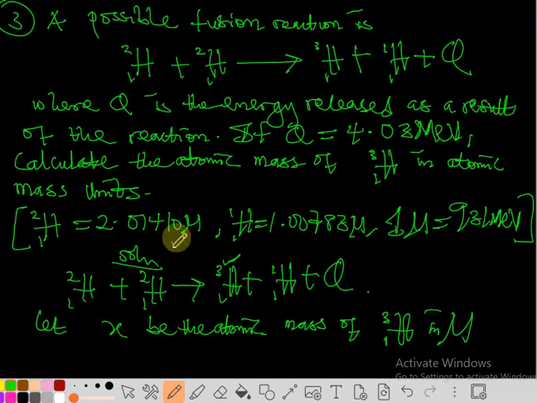So all we need to do is convert the energy released, Q, which is 4.03 mega electron volts, into unified atomic mass unit. And how do we do that? 1 unified atomic mass unit is 931 mega electron volts.